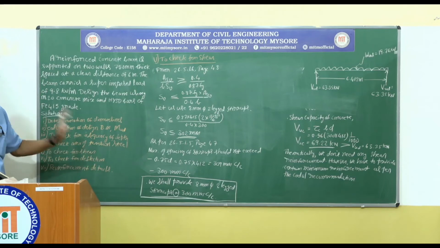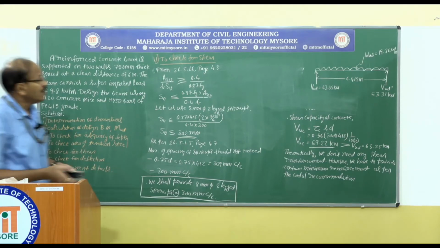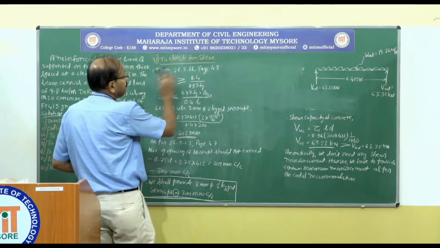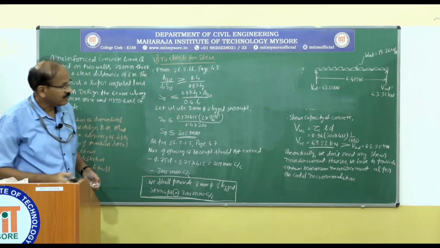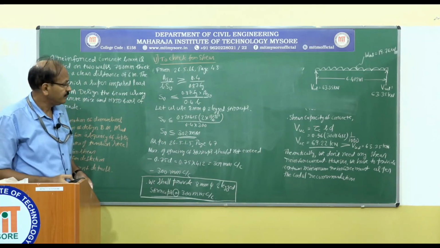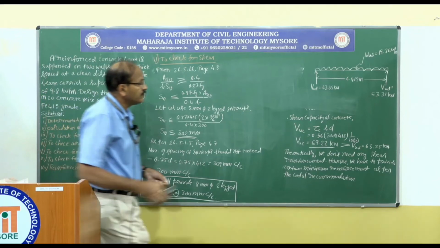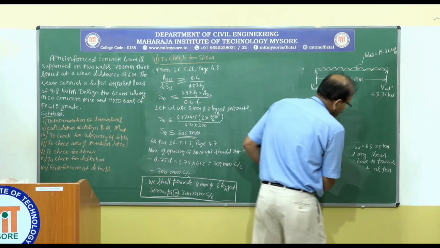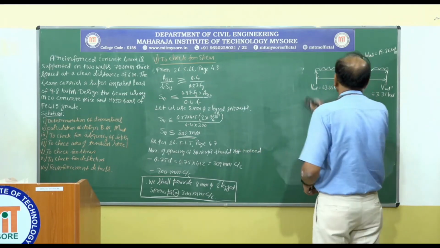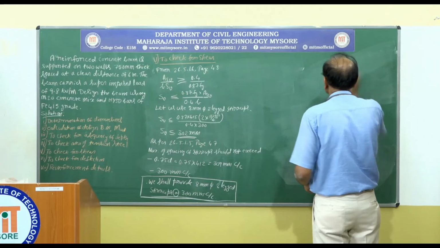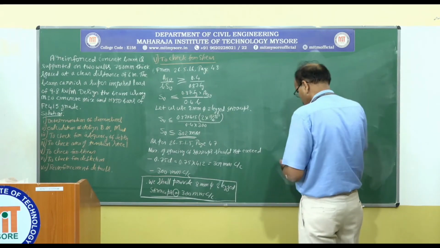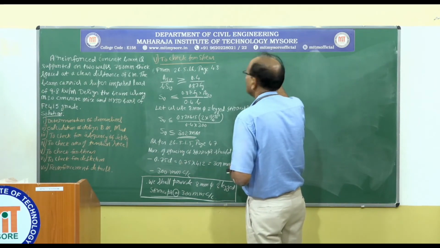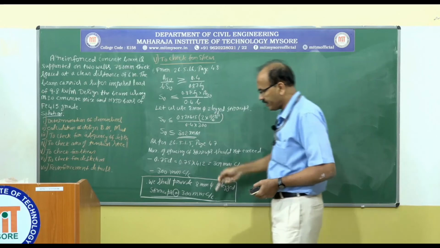What is the next one? To check for deflection. Open page number 37 and 38 for that. Please write down. The next one is, I am going to write here.